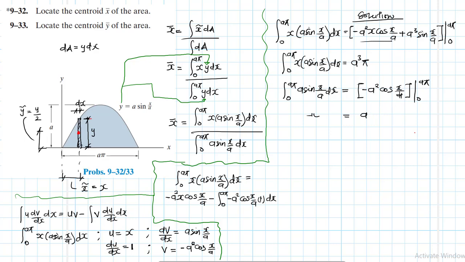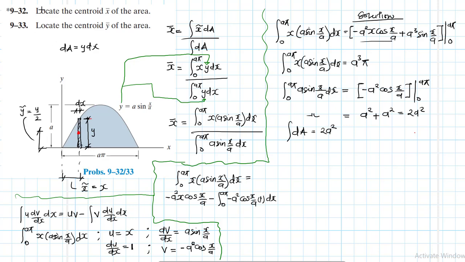A into cos 180, this just becomes a squared, and then 0 in there. Minus minus becomes a plus, also a squared, which is equal to 2a squared. Therefore, the total area dA is equal to 2a squared.